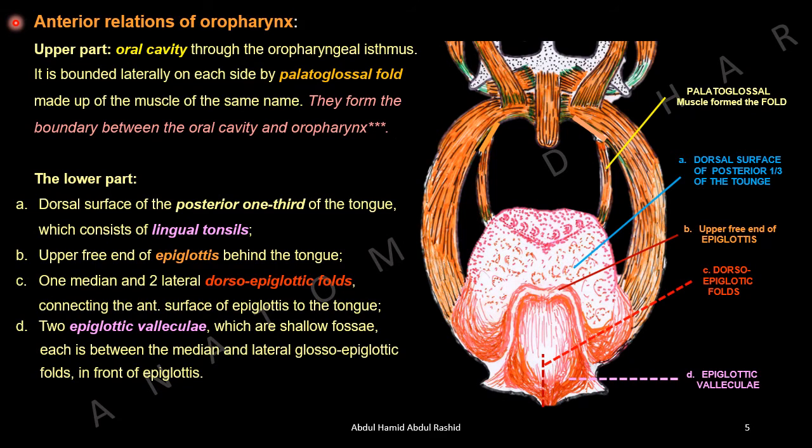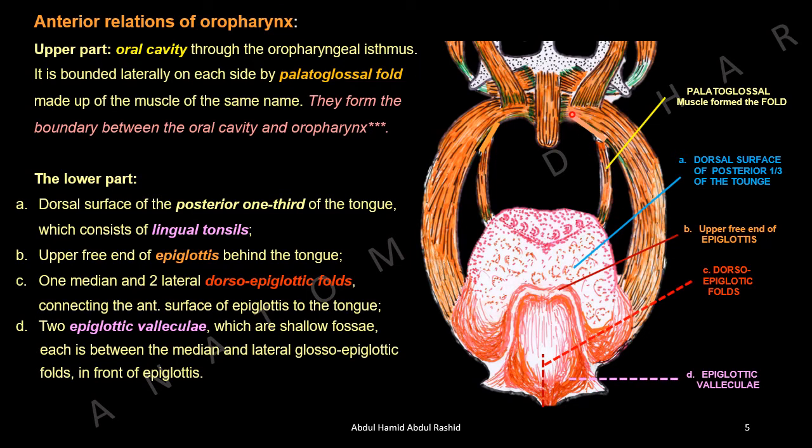Anterior relations of the oropharynx. Let's see the diagram first. We are in the oropharynx, looking anterior, where the oral cavity is here. The roof of the oral cavity is the soft palate, which you can see here. On the lateral side of the oral cavity, we have two arches.